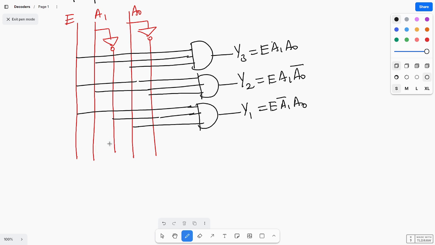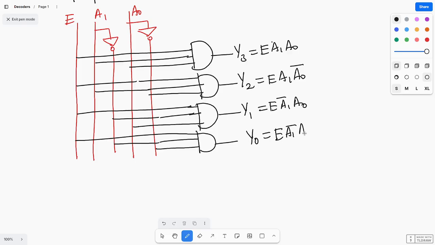Next is y0, enable A1 bar A0 bar, connected with an AND gate. So y0 equals enable A1 bar A0 bar. So this is the active high enable 2 to 4 decoder.